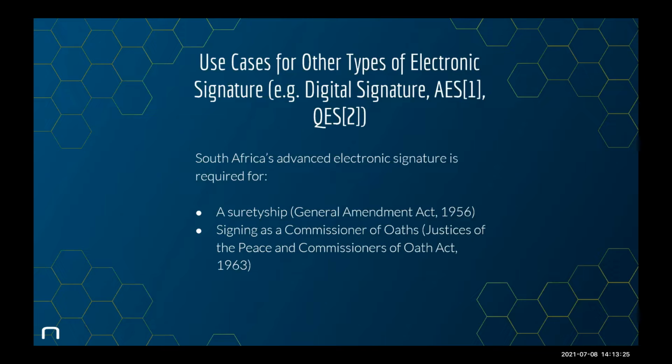For example, in terms of the General Amendment Act of 1956, signing as a Commissioner of Oaths, Justices of the Peace and Commissioners of Oath Act. For that, you will need an advanced electronic signature or a qualified electronic signature. And I will explain the differences between those signatures in a bit.